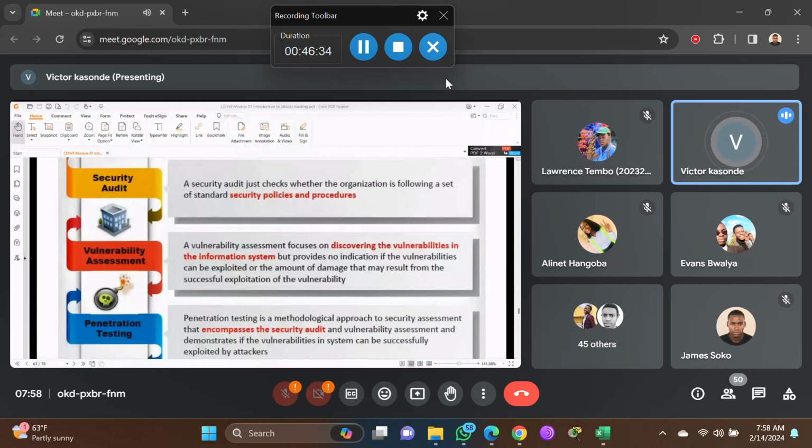You behave like a hacker. Okay, yes, I've discovered a vulnerability. Now here we want to do it so that we know whether we are going to be successful. In penetration testing, you behave as if you are a hacker because you have already identified the vulnerability.